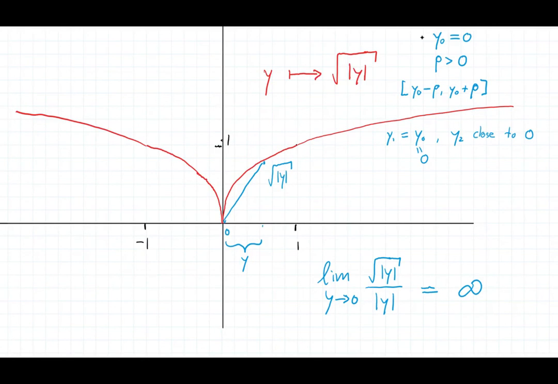Remember, y0 is 0 here. So in that case, the difference of the square root of the absolute value of y2 minus the square root of the absolute value of y1, divided by the absolute value of y2 minus y1.